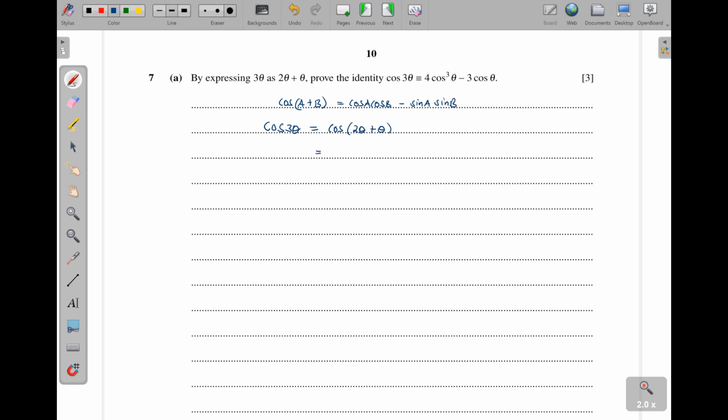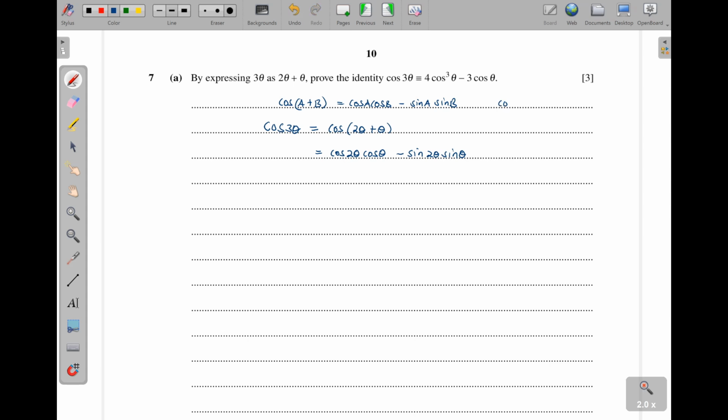So that means here I will say cos 2 theta cos theta minus sine 2 theta sine theta. I'm going to express this one in terms of cosine of theta.